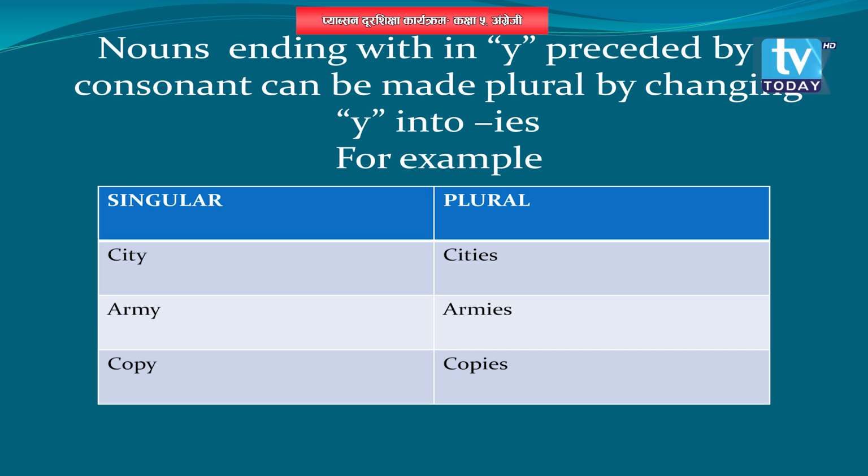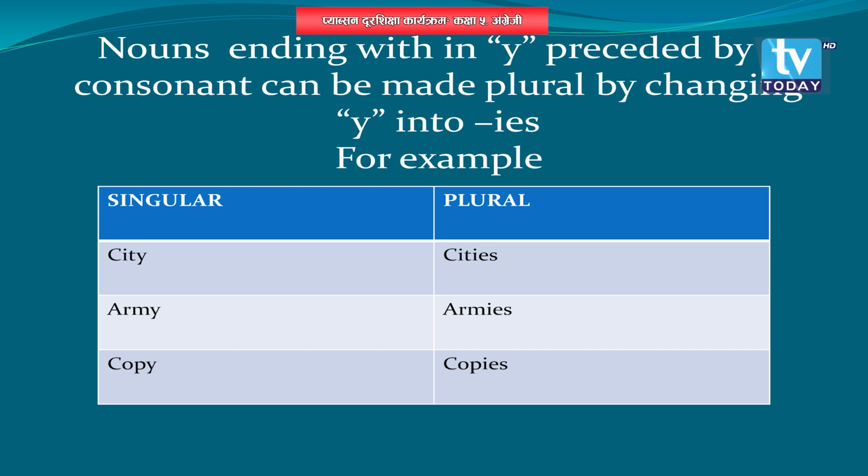Let's have a look at the slide as well. The noun ending with Y and having a consonant letter before it is made plural by adding IES. So dear children, here are examples we can explore.